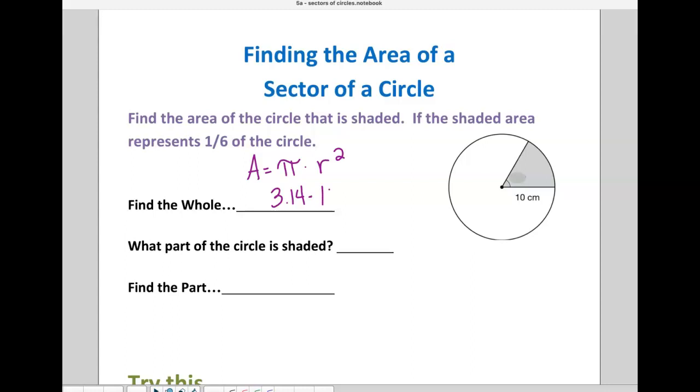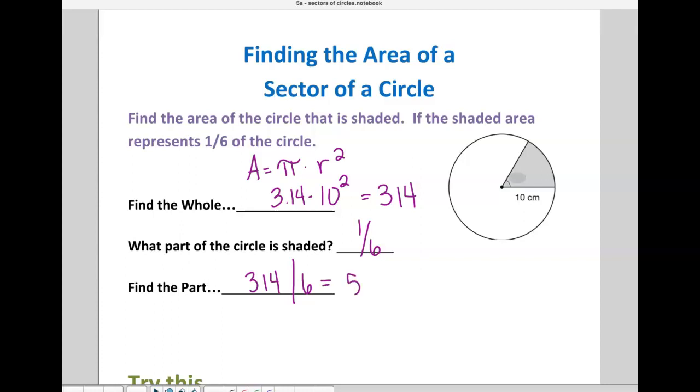So 10 squared. 10 squared is 100 times 3.14 is 314. Okay, in this circle, we're trying to find part of it. We want 1/6 of the circle. How do I find 1/6 of something? Divide by 6. So to find the part, I'm just taking 314 divided by 6.